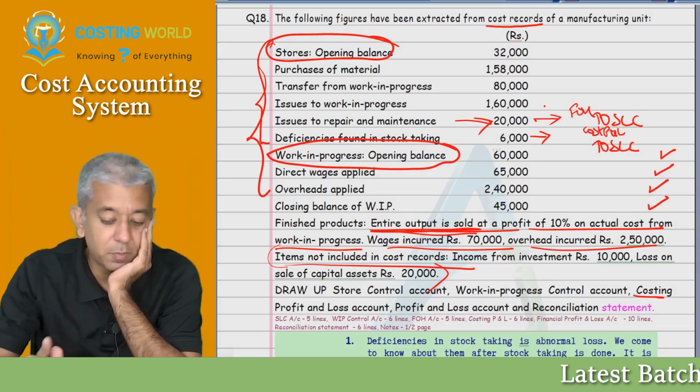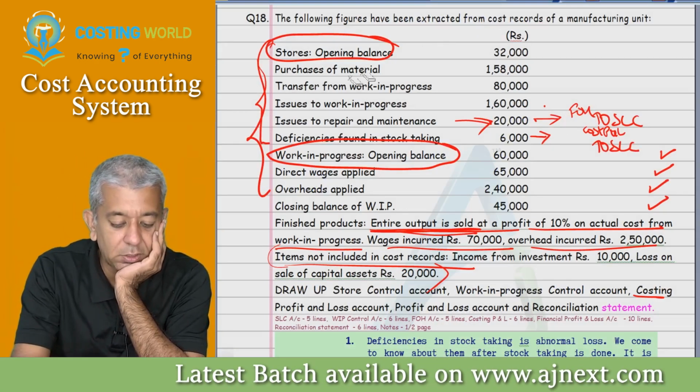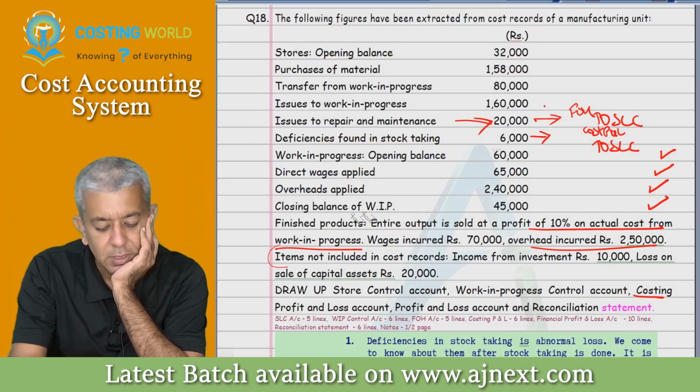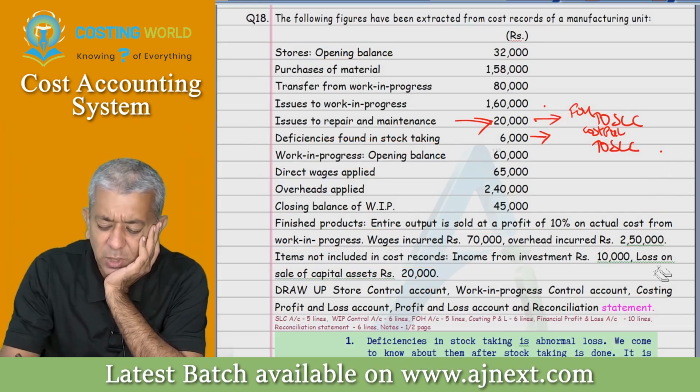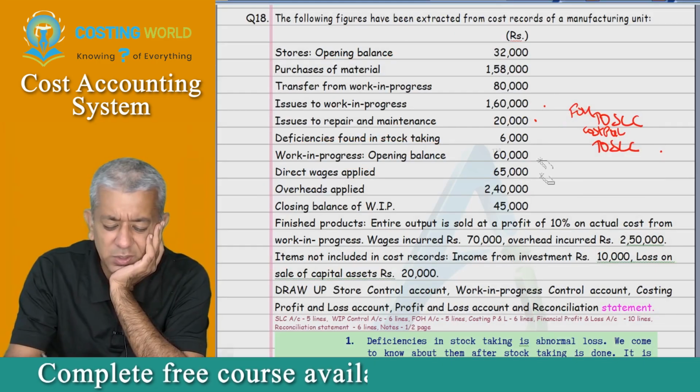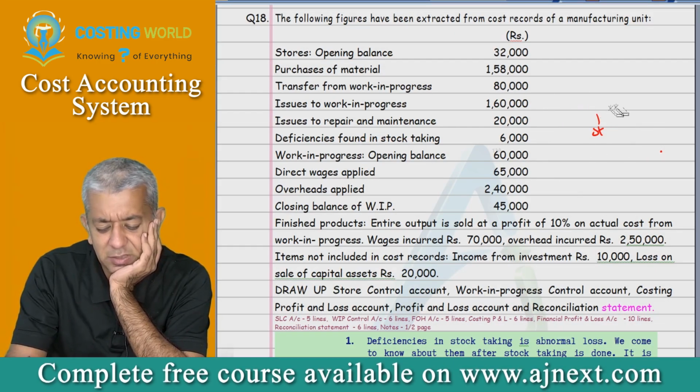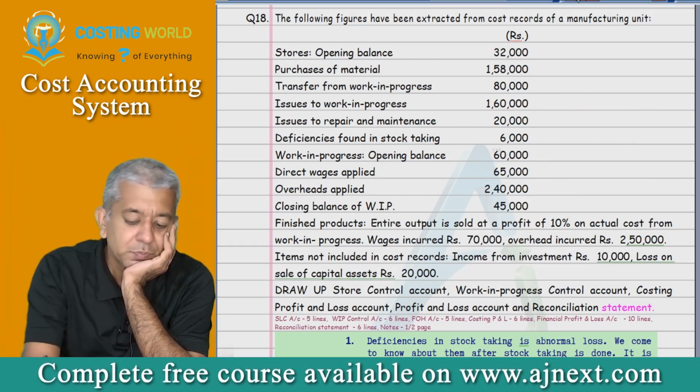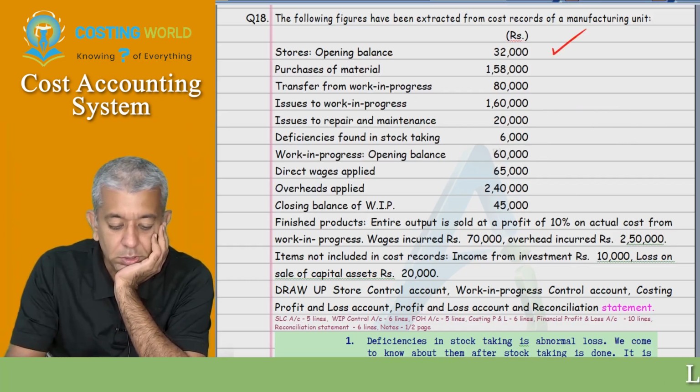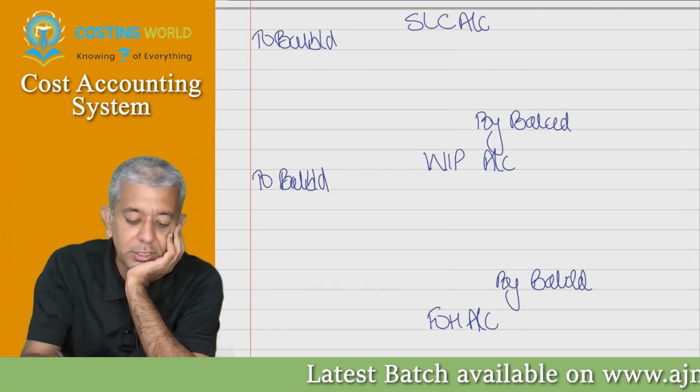Listen. Now remain with me for this particular question. Everyone, no going ahead. I can prepare the GLA account and all also, but it is not much required here. We are only trying to do whatever they have told us. Raw material opening balance 32,000.